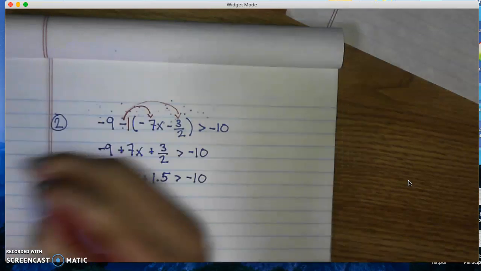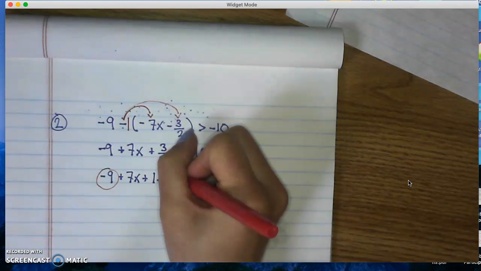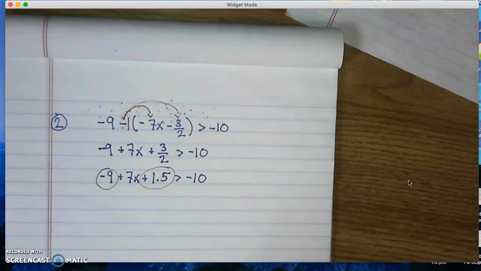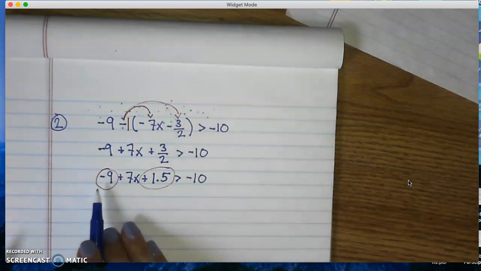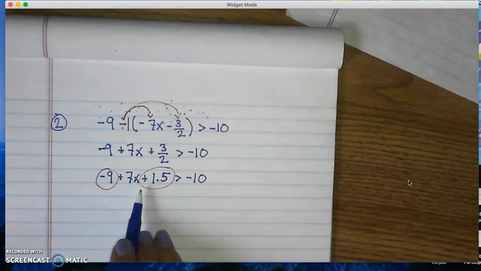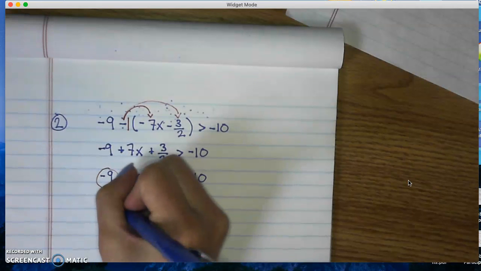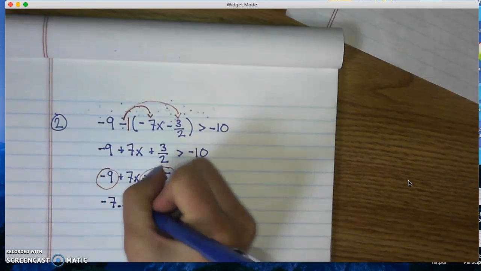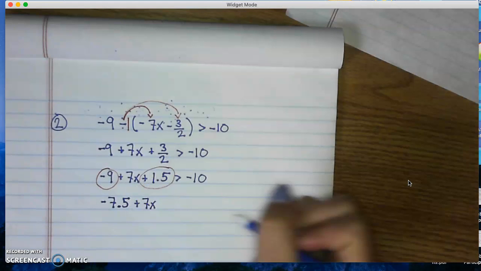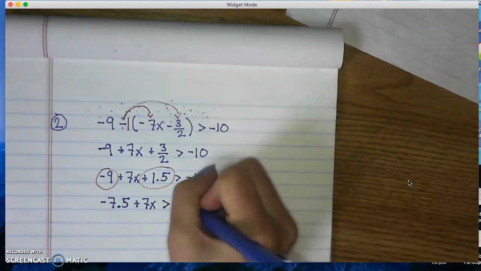Which numbers go together? Well, I have a constant and a constant, so I'm going to put those together. Remember, this is a -9 plus 1.5, so this is going to be -7.5 plus 7x is greater than -10.